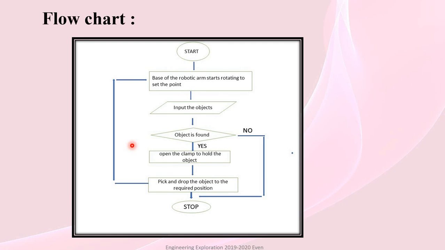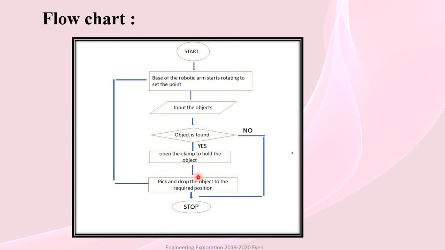Here comes a flow chart of the project. When the condition is start, the next function would be the base of the robotic arm starts rotating to set the point. Next, input of the object. If the object found is true, then the condition comes here and performs the function of opening the clamp to hold the objects.